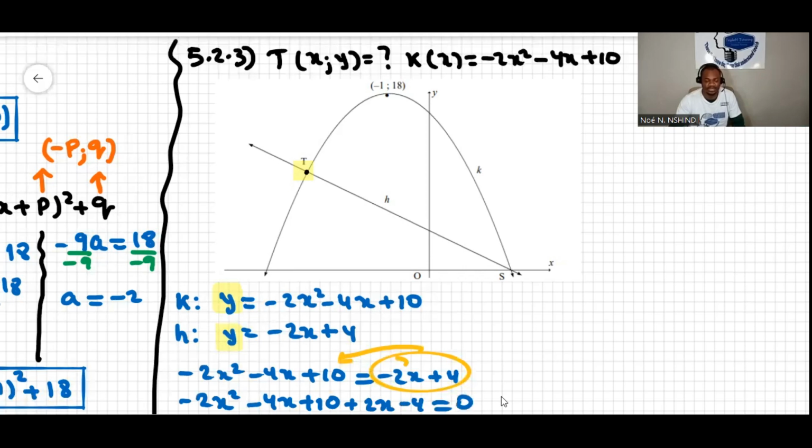Let's look at like terms. We have negative 2x squared, and then negative 4x and positive 2x make negative 2x, and then 10 minus 4 makes positive 6, equal to 0.